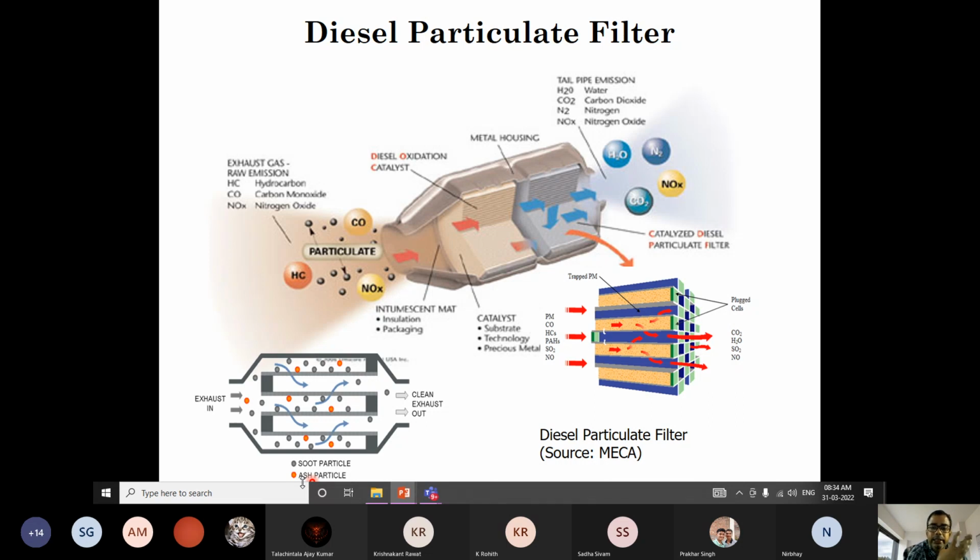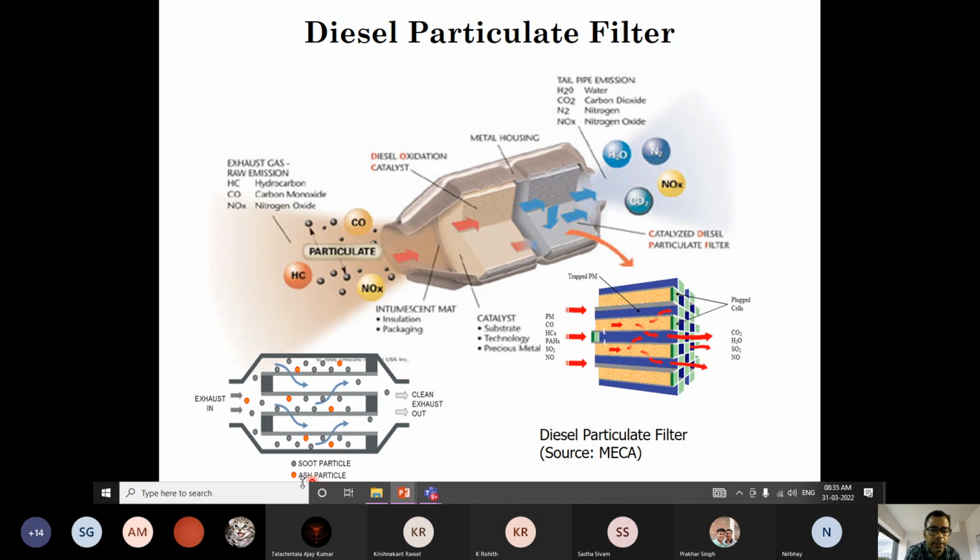We use three terms: pre-injection, main injection, and post-injection. Main injection is injected towards the end of the compression stroke. If some injection takes place before that, during the compression itself, that is called pre-injection. And if you are injecting after the main injection during the expansion stroke, that is called post-injection.